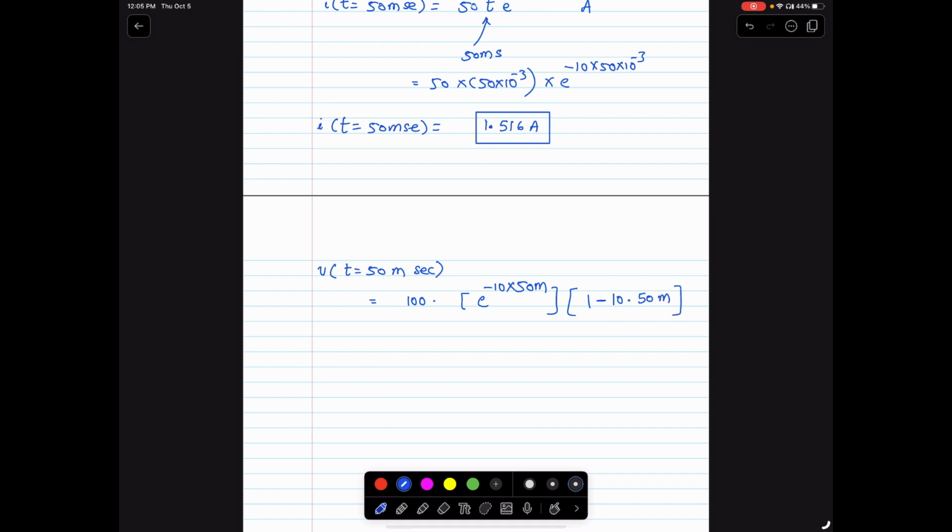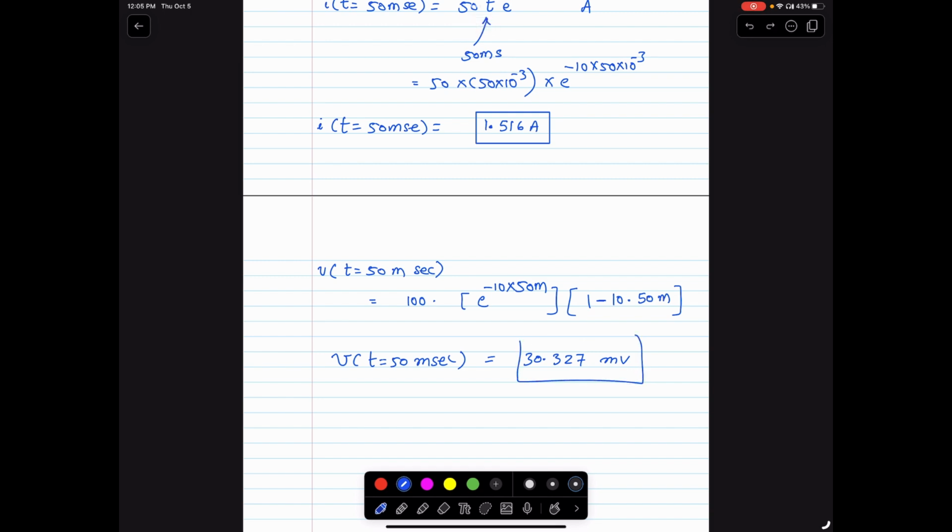You expand this milli into 10 to the minus 3, plug all the numbers into your calculator, and what you will see is the voltage at t equals 50 milliseconds is equal to 30.327 millivolts.